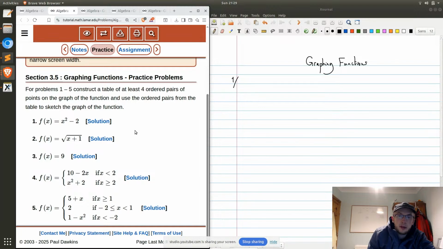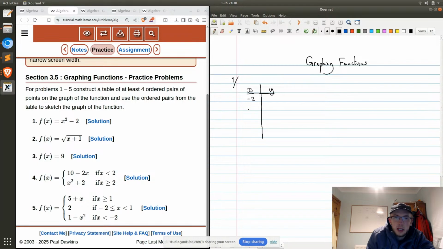And therefore, the appropriate ordered pairs to put in my constructed table will be symmetrical about the origin. Notice that it says at least 4 ordered pairs. So it's fine if I do, for example, 5.